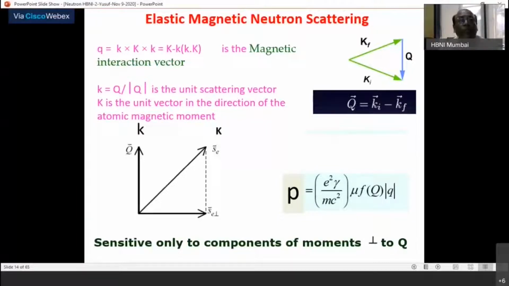So what is that? When you do magnetic neutron diffraction or scattering from a magnetic atom using neutrons, what does the neutron look at as far as the magnetic moment of the atom is concerned.